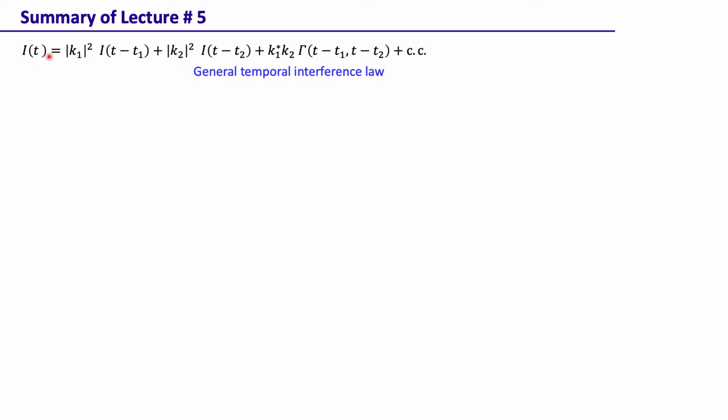We saw last time that the intensity at the output port contains the intensity coming through the first arm, the intensity coming through the second arm, at t minus t1 and t minus t2. And then there is this third term, and of course a complex conjugate, which is the correlation that contains how the field vibrations at t minus t1 and t minus t2 are correlated.